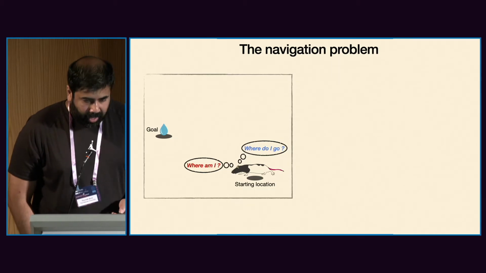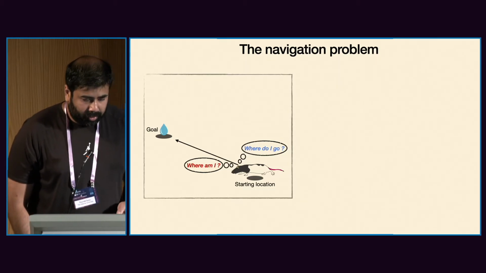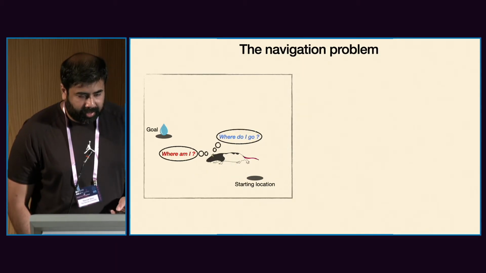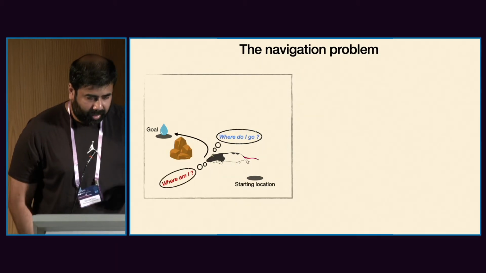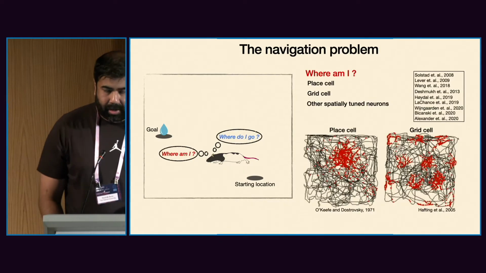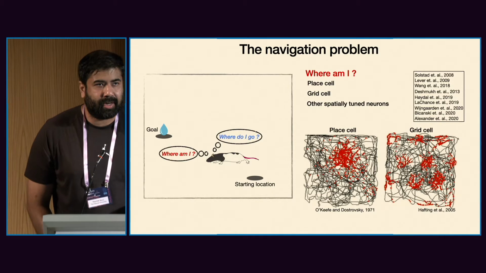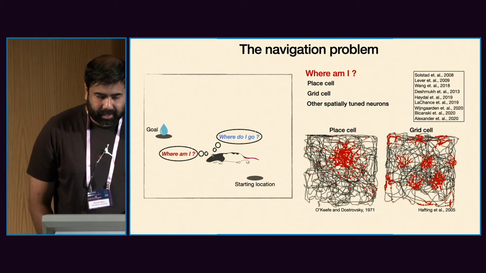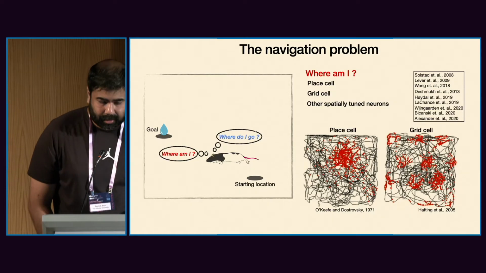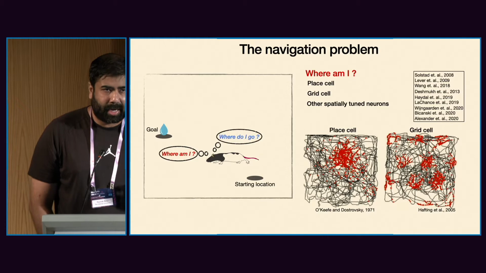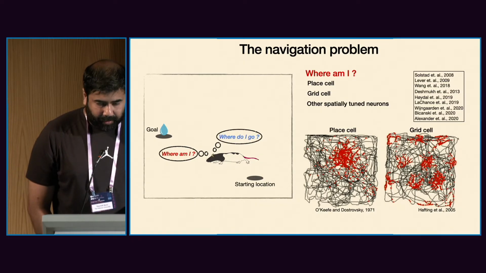Right. Now, both of this information needs to be persistently represented in the brain so that in the face of an obstacle, a new route can be calculated. Now, this question of where am I is extremely well studied in the field of navigation, thanks to the discovery of place cells and grid cells and other spatially tuned neurons, which help us understand how the brain exactly pinpoints the current location at any given point in time.